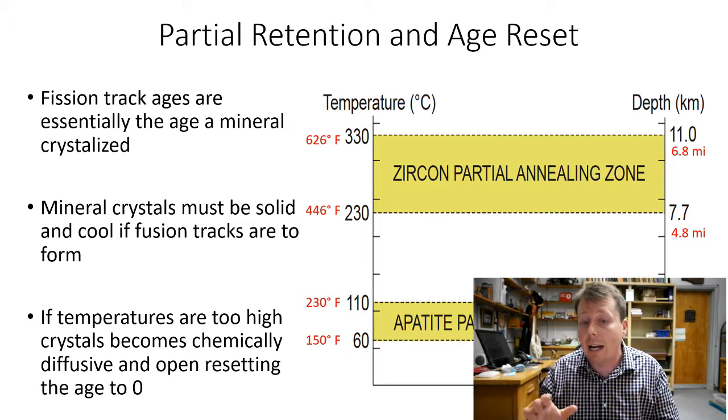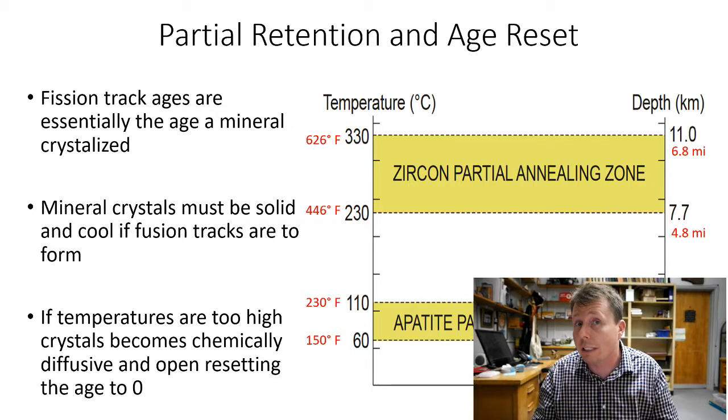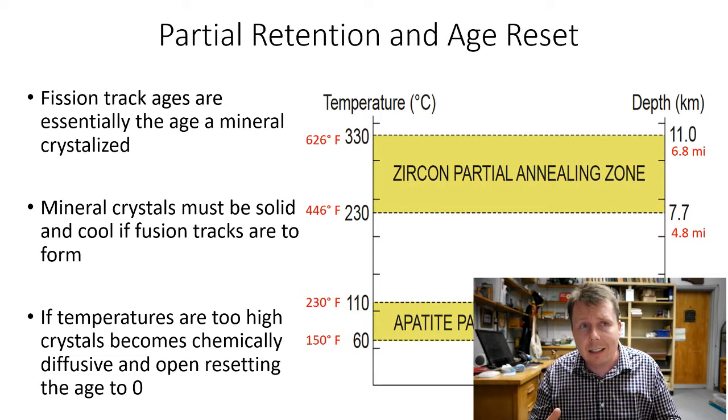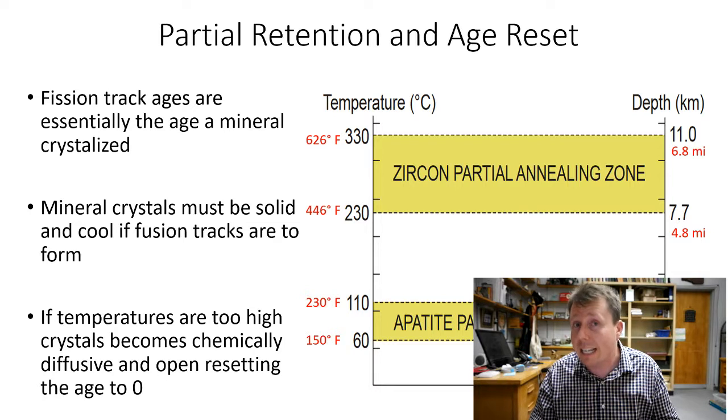So what we want to do is, if we're going to use apatite, we want to try and watch out for apatite that's experienced temperatures between 150 and 230 degrees Fahrenheit. Those are some very low temperatures compared to what the Earth can get, but compared to heat, they're actually very easy to get to. If you look at places in the desert, they can reach 110 to 115 degrees Fahrenheit relatively easily.